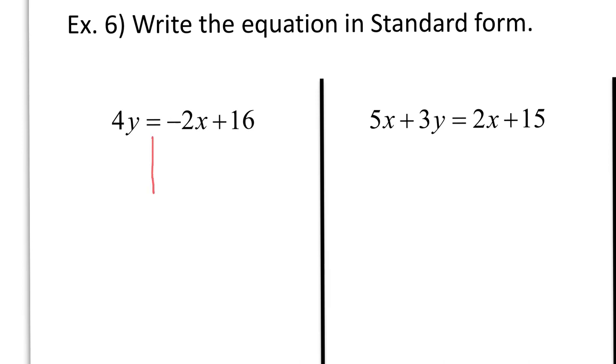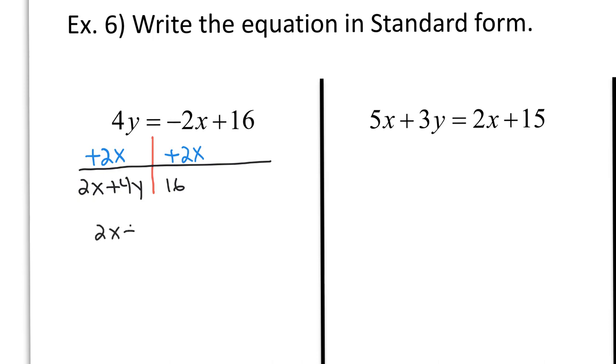I'm going to do the opposite of the -2x. So I'm going to add 2x here, add 2x over here. So when I do that, I'm going to have positive 2x plus 4y, and on the other side, I have 16. So I'm just going to rewrite that. 2x plus 4y equal to 16.